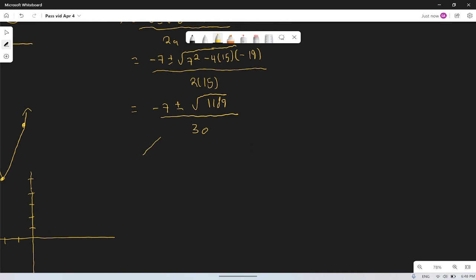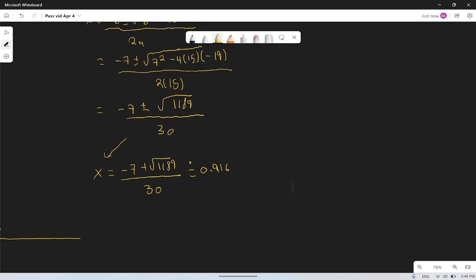So now we'll split this apart because we have this plus or minus here. So x equals negative 7 plus the square root of 1189 all over 30, which equals approximately 0.916. I'm just going to do 3 decimal places for these examples.